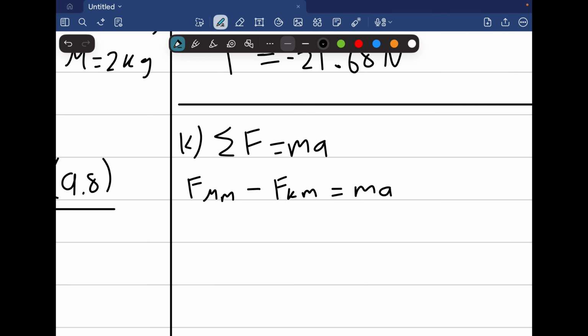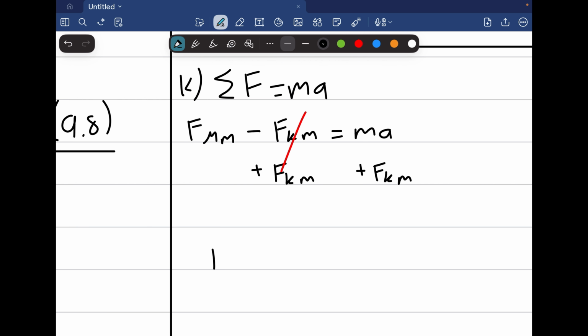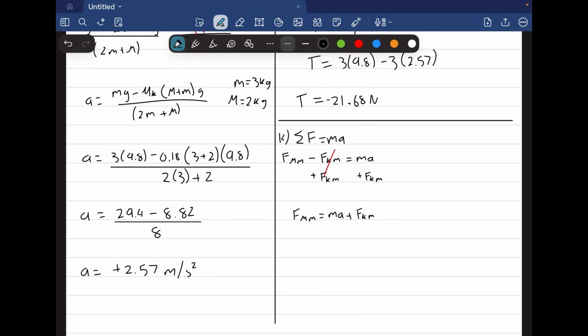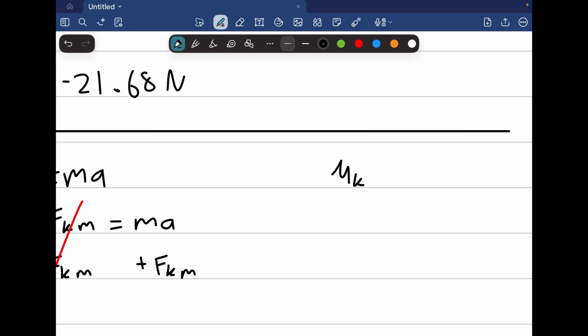And then plus F_kM on both sides. Cancel out. And then we know that, right? And then move this over. So F_k is equal to mu_k F_n.